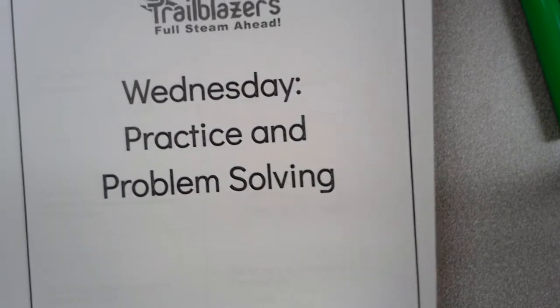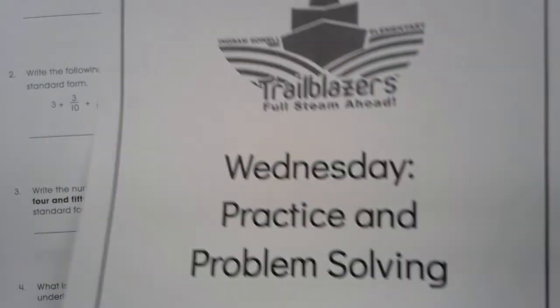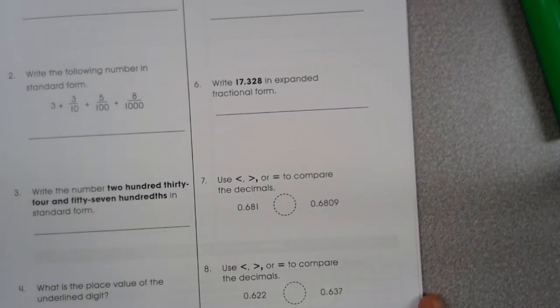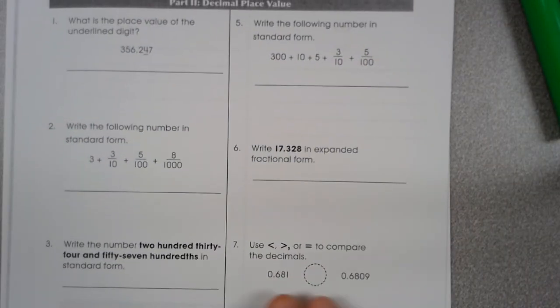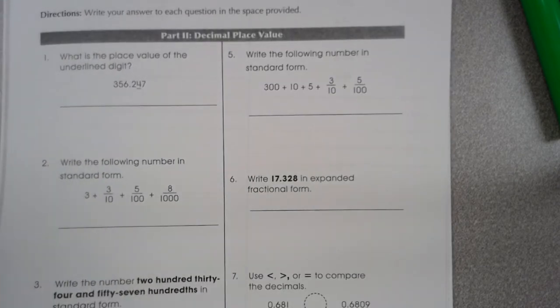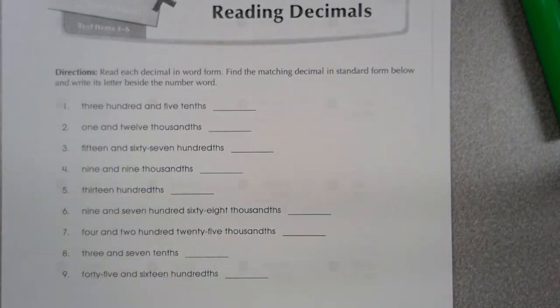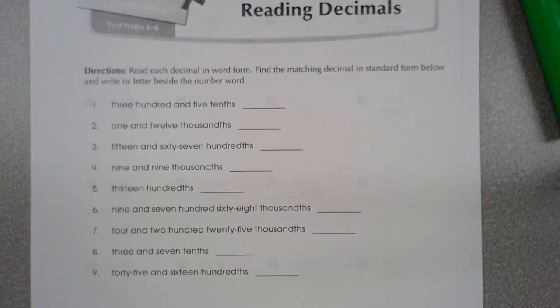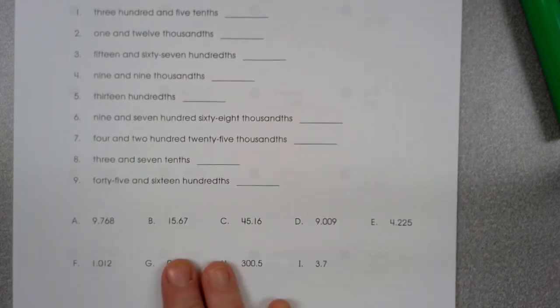All right. Now, on the practice and problem solving, I need you to do the complete diagnostic, please. Do the diagnostic. That's going to be very helpful for us. Then there are 9 of these problems and the things even at the bottom.